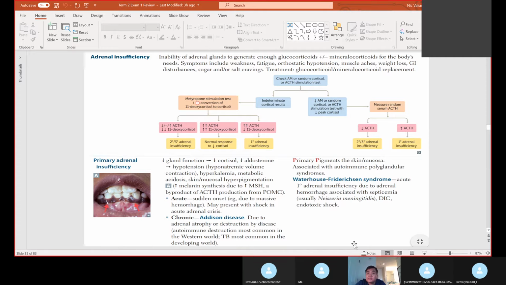Because of increased melanin synthesis due to increase in MSH. And don't forget, MSH is a byproduct of your ACTH production from POMC. Waterhouse-Friderichsen syndrome, more of this in term 4, due to Neisseria meningitidis.